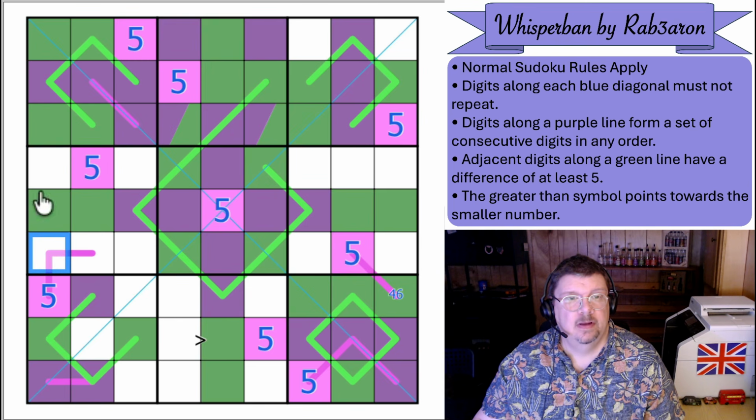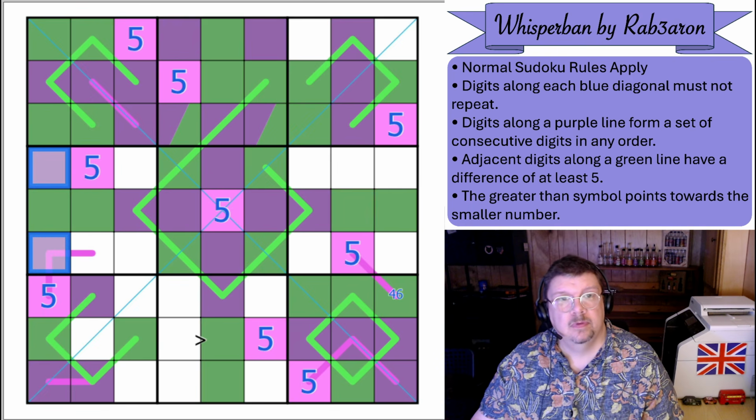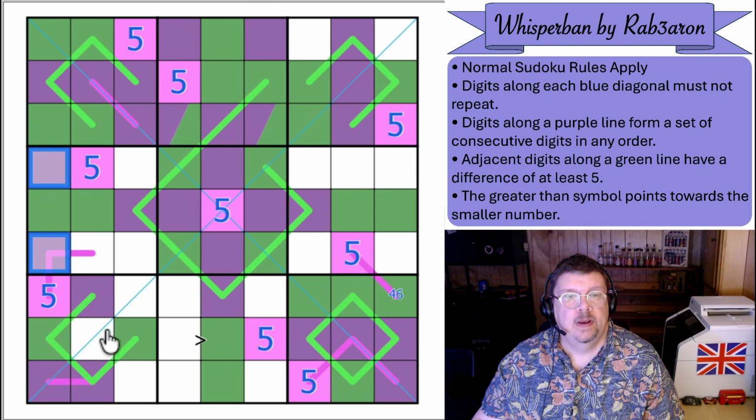talk about. So in this column, we already have 4 greens. So these 2 must be purple. We have 2 greens in this box.